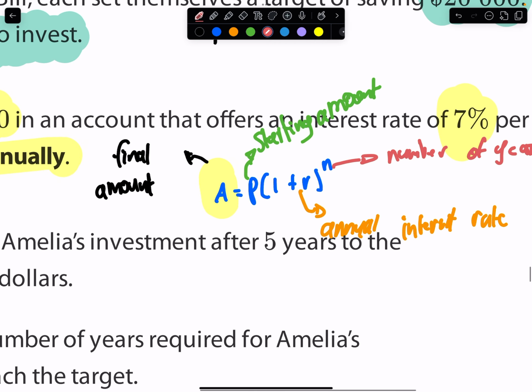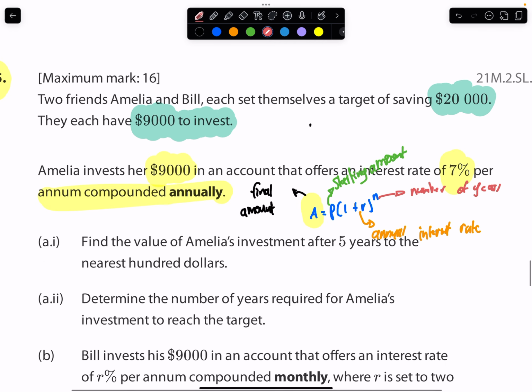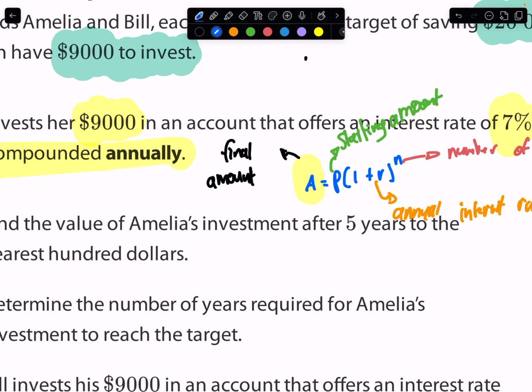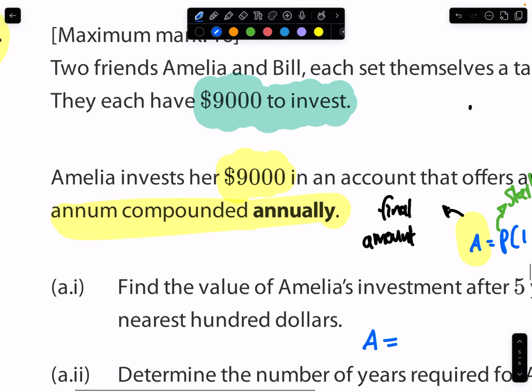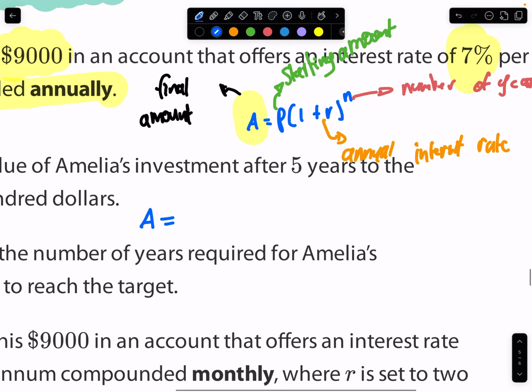So once we plug in the values that are given, A is equal to the starting amount, which is 9,000, multiplied by 1 plus R, and R has to be a decimal.